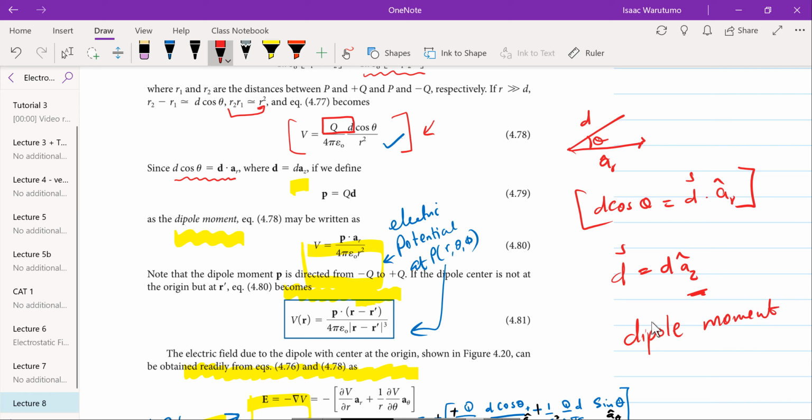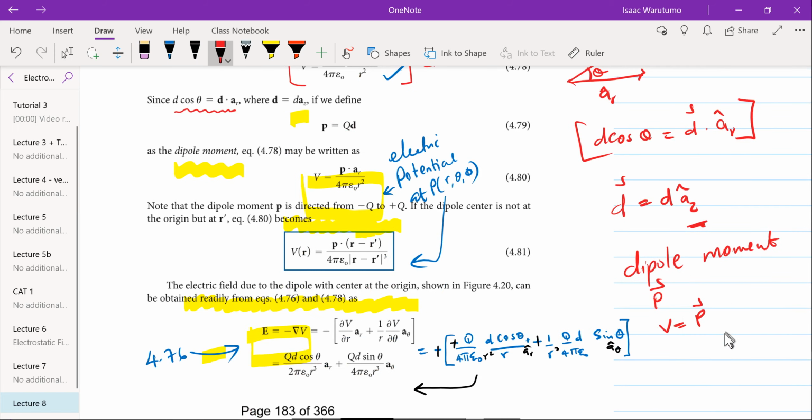The dipole moment we denote as P, P being a vector, and for that reason we are able to characterize the potential V as a function of dipole moment P. This P is pointed away from the negative charge towards the positive charge.